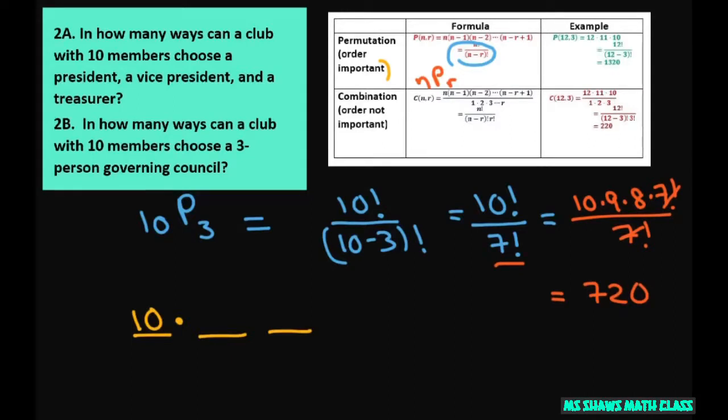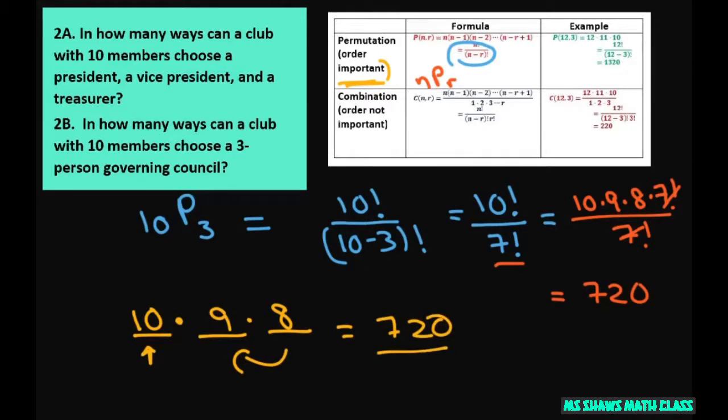So now that he's gone, or she, we can choose a vice president, and then once they're gone, we choose a treasurer, and there's only 8 left to choose. So permutations are just like the multiplication principle, where repetition is not allowed because order is important. It depends on what happened with the first number here. So you still get your 720.